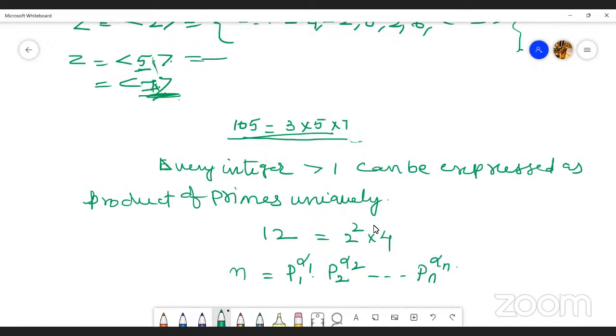Now, coming to this theorem, suppose D is a unique factorization domain. Let P be any non-zero prime ideal. Since P is not equal to D, every element of P is a non-unit. Since 0 is not equal to P and P is not equal to D, we can choose an element A such that A is equal to P1 into P2 into ... into Pn, because D is a unique factorization domain: every non-zero element can be expressed as a product of prime elements.